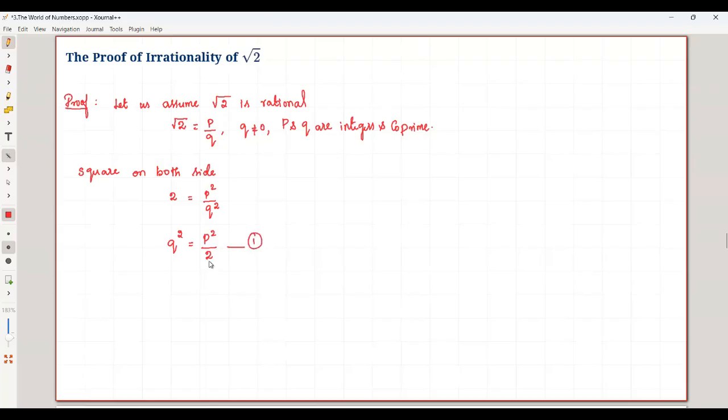Here 2 divides P square. Therefore, I can say 2 divides P also. This is actually given as a theorem in grade 10th. Since 2 divides P square, 2 divides P also. For example, if 2 divides a square number P square, then 2 divides P also.